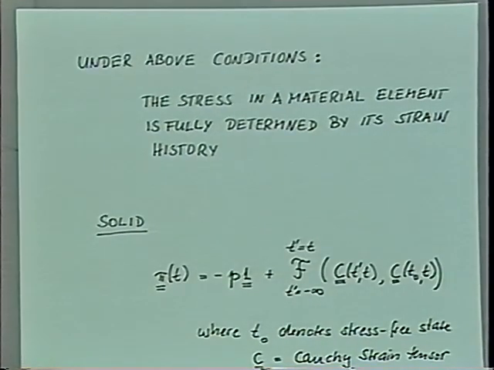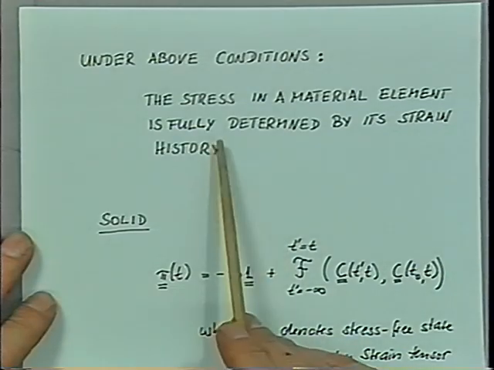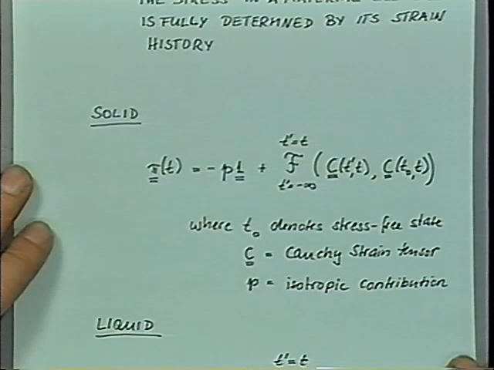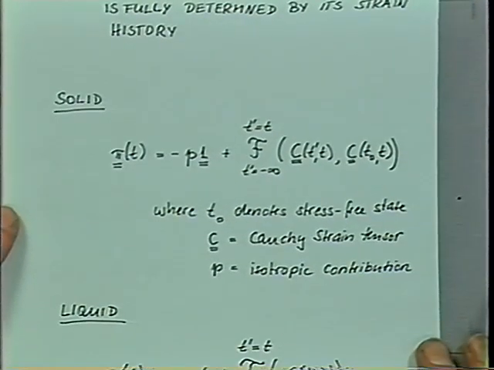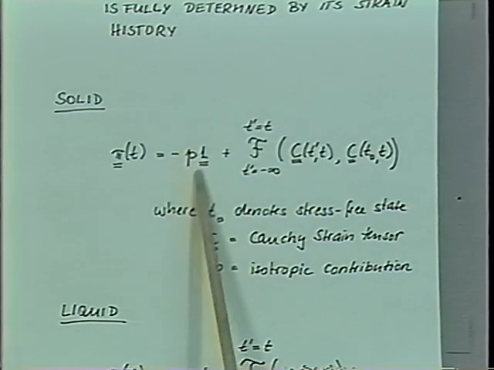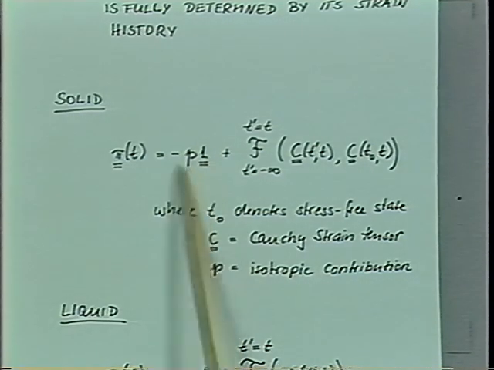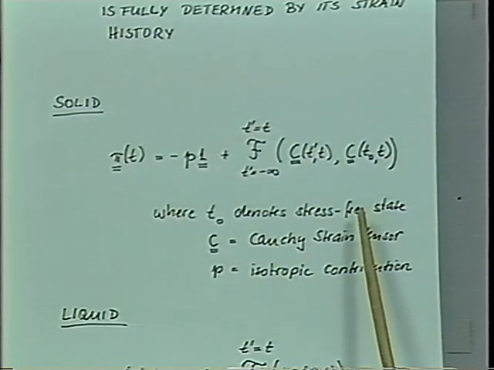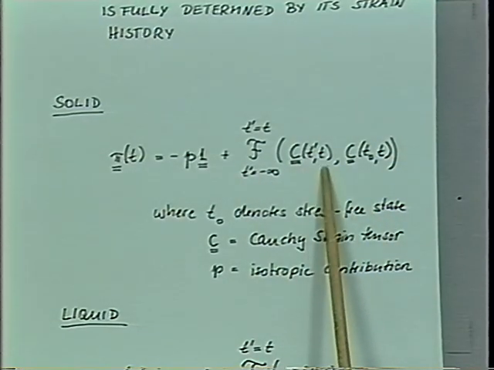We will look for the stress now as a function of the strain history. And a constitutive equation, for instance, for a solid could be written as such. Here it would have an isotropic term which contributes to the stress, and then it has a term which is a functional of the strain history. That's the unknown part.